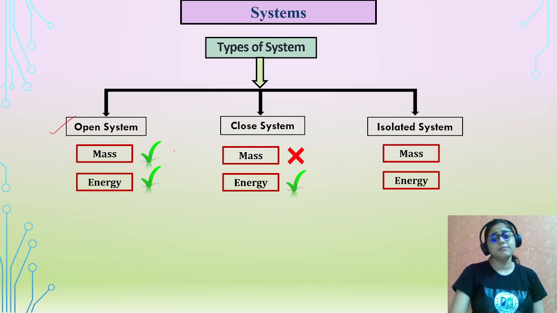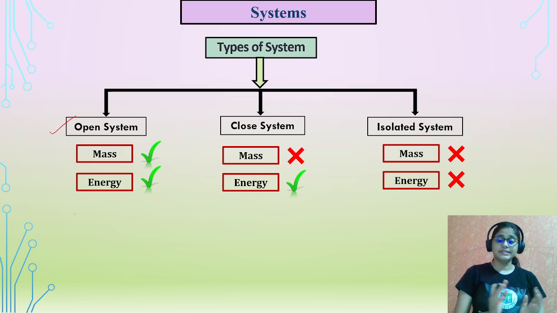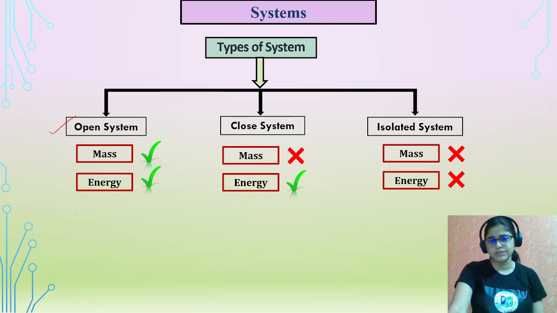For the closed system, mass is not changing, mass is constant, but energy is transferring to surroundings. For isolated system, both are conserved inside the system. For example, any thermoflask where insulator walls are there, so that heat can't be transferred to the outer walls. So with examples we have understood this.